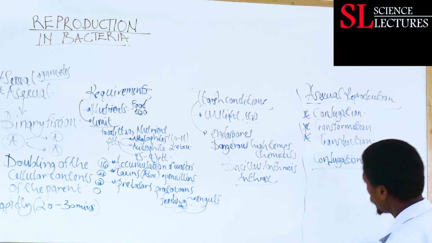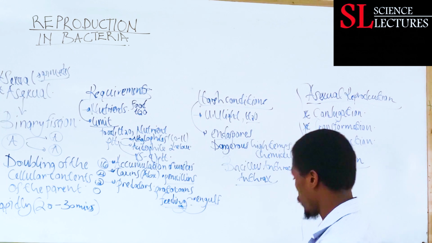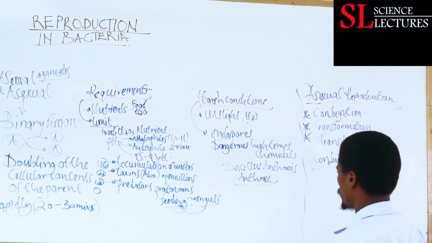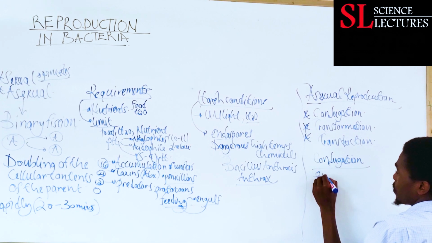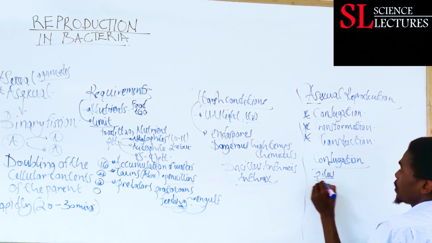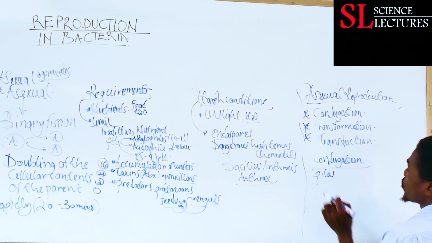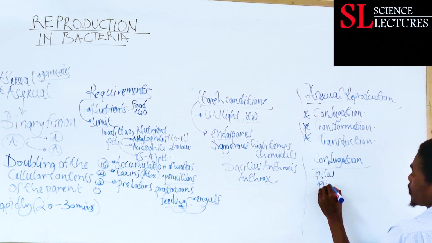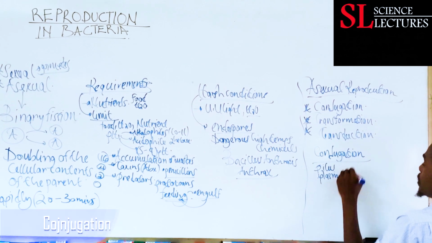In conjugation, you remember a structure we call the pilus on the bacterial cell. The pilus will enable conjugation to take place, along with the presence of another structure known as the plasmid.